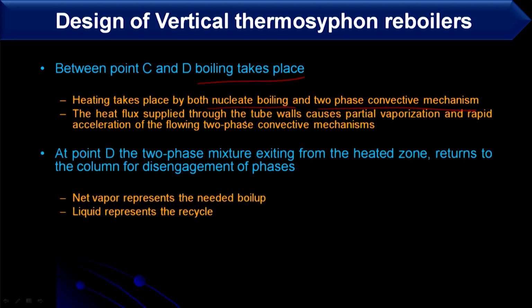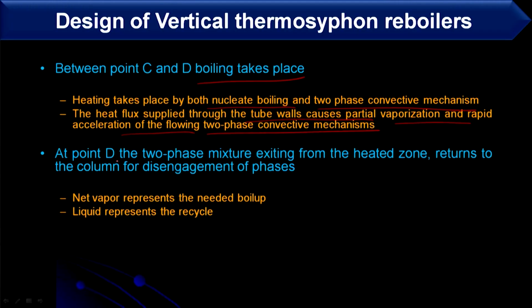Heat flux supplied through the tube walls causes partial vaporization and rapid acceleration of the flowing two-phase mixture. So, as far as boiling is concerned, we should consider nucleate boiling as well as convective boiling, but that will occur at the upper section, or at the exit of the reboiler.